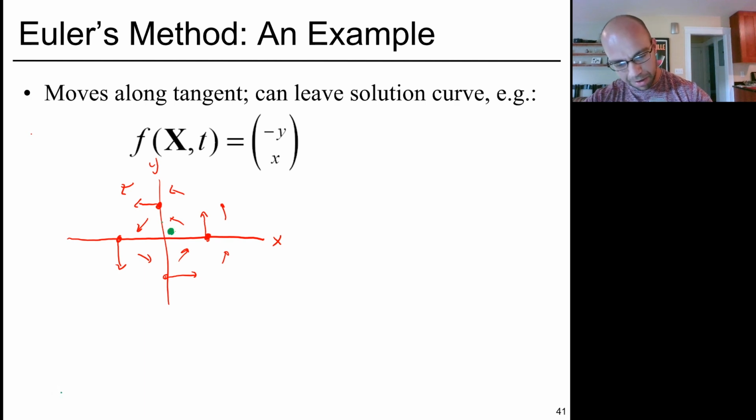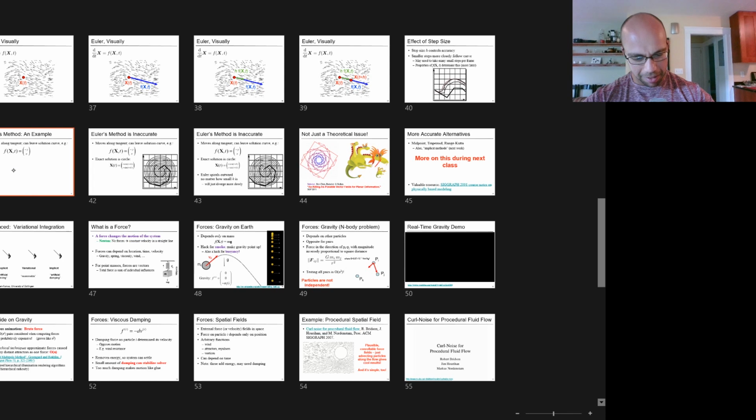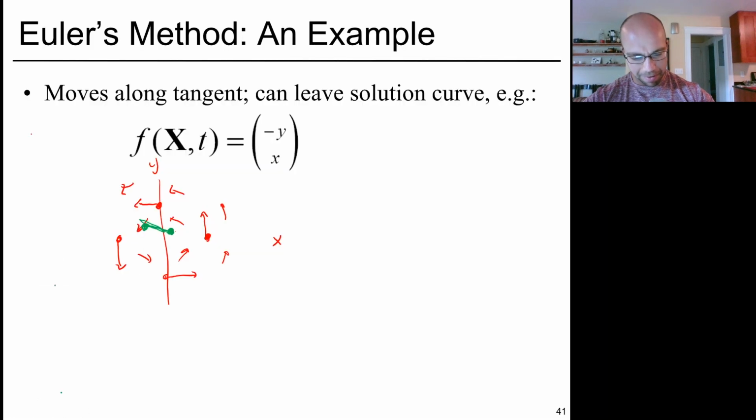Here's my initial condition, and I follow for a positive amount of time. Circles have the property that they're a constant distance from the origin. But because I moved along a straight line, that's no longer the case. I actually got farther out from the origin than where I started.